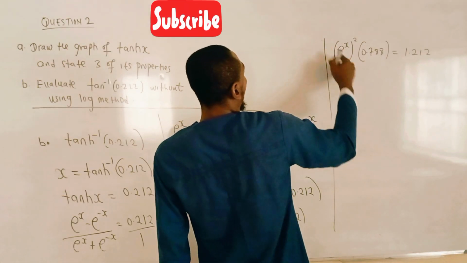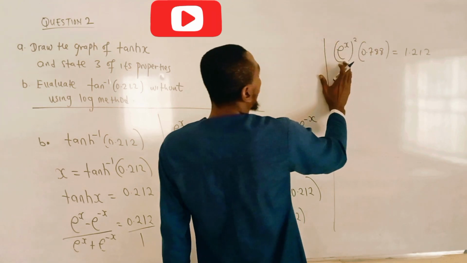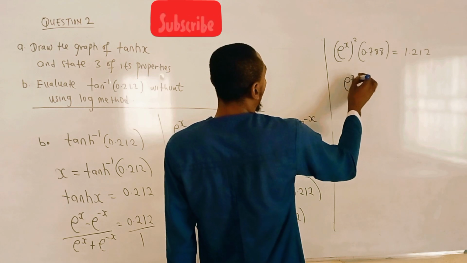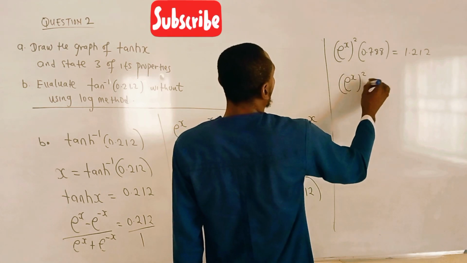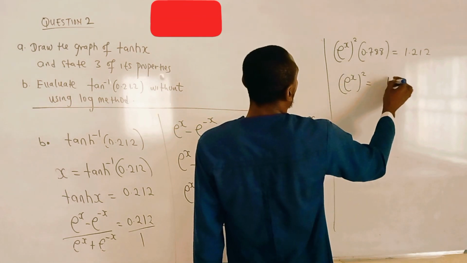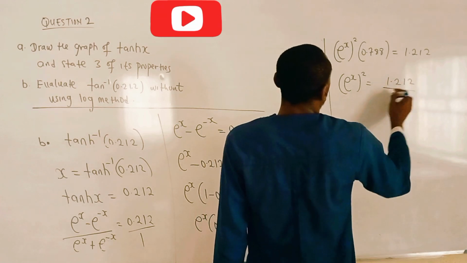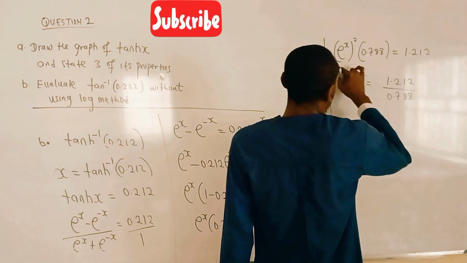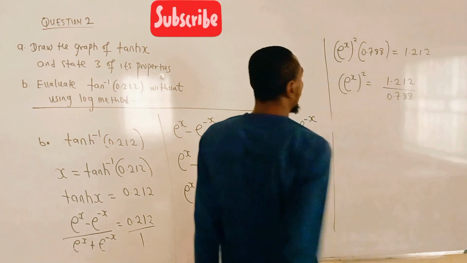Then making exponential x all squared to be the only term lying on the left hand side, we have exponential x all squared to be equal to this. We divide: we have 1.212 divided by 0.788. So dividing both sides by this, we have this.